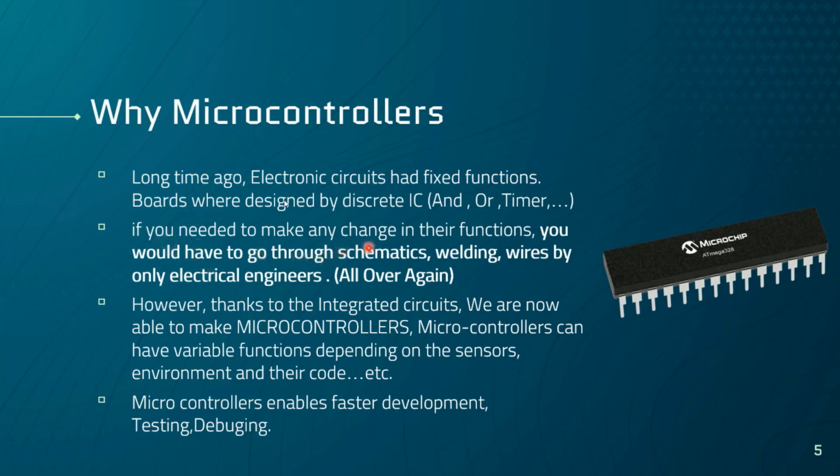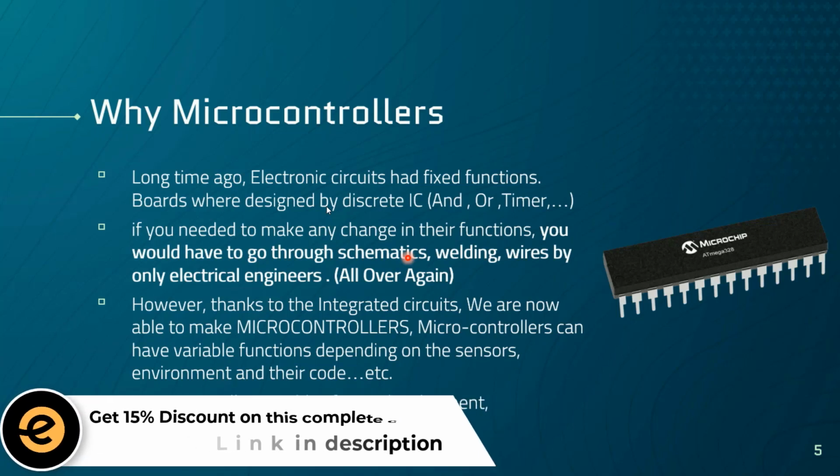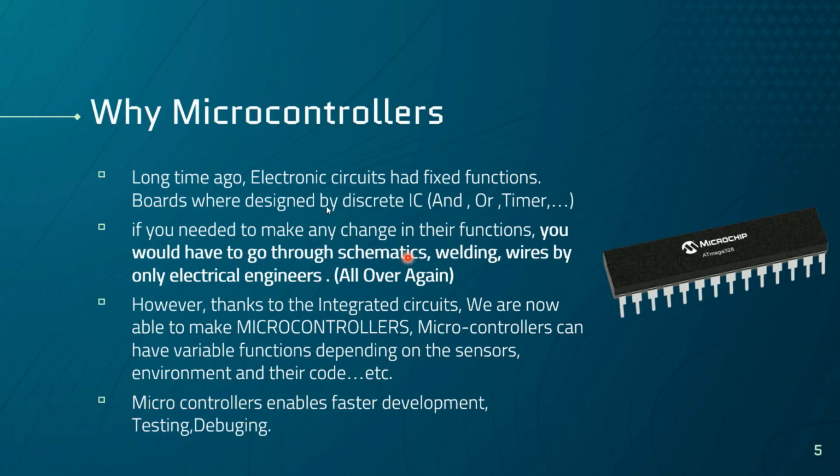So in brief, if you need to make any change to the functions using discrete ICs, you would have to go through the schematics, welding and wires, and this job was typically only done by electronic or electric engineers because of the huge technicality involved in welding, in designing ICs, in figuring out the data sheets of these ICs, all of this information.